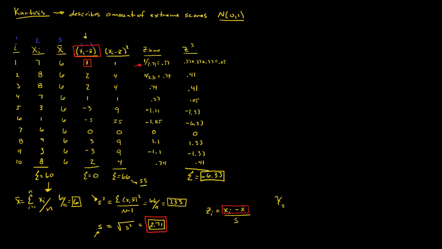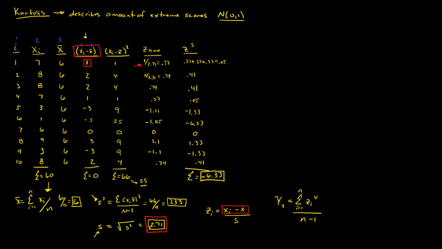Skewness is gamma 1, kurtosis is gamma 2. Its equation is the sum from i equals 1 through n of all of the z_i to the fourth, divided by n minus 1 as our degrees of freedom.